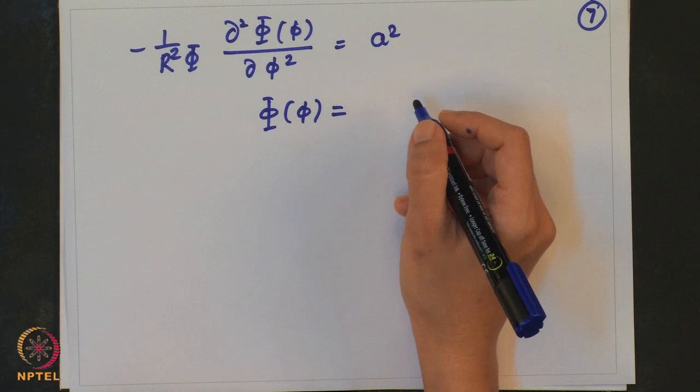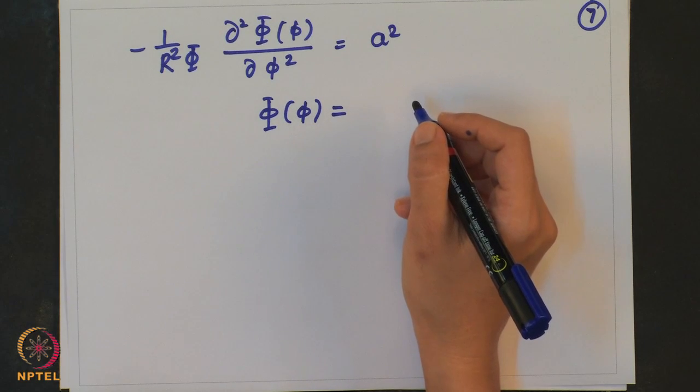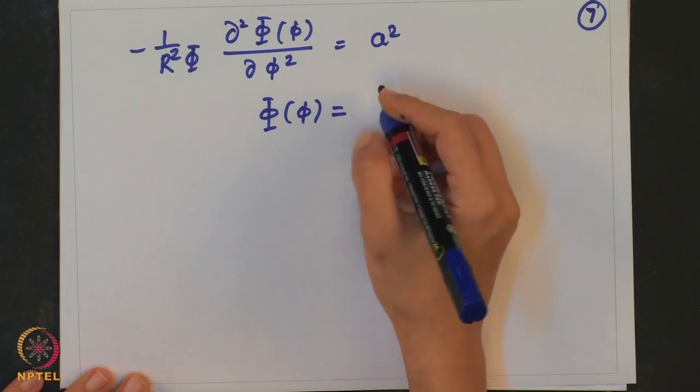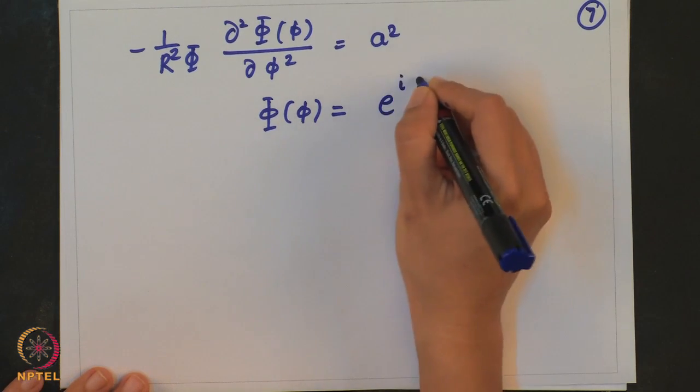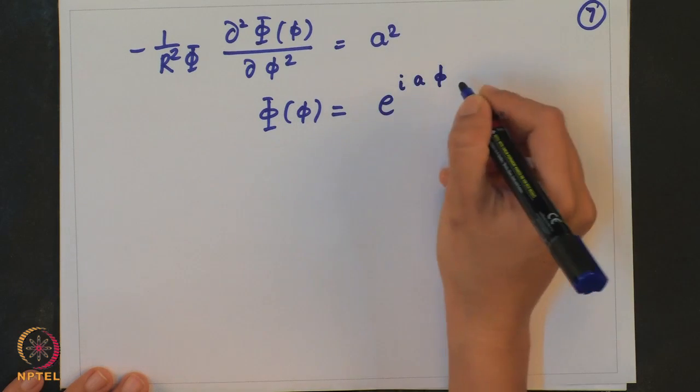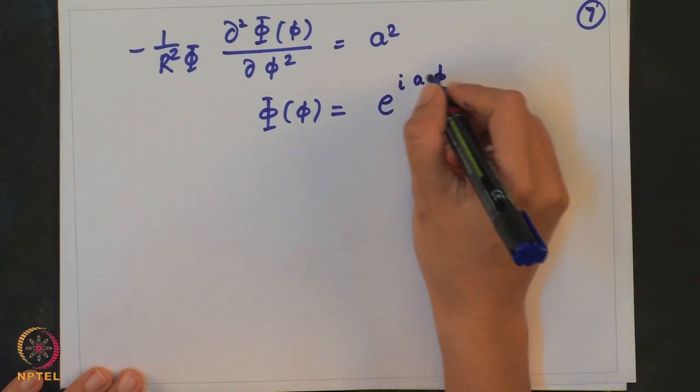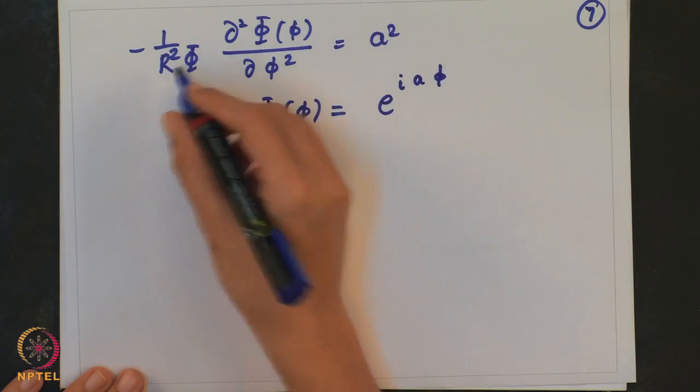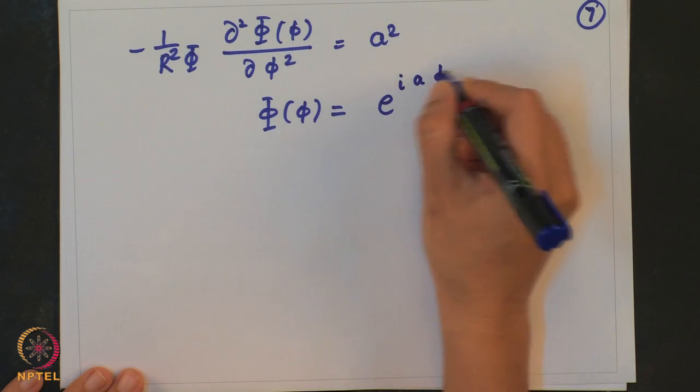So, now this can be written as psi is e raised to i A phi. And you have a factor of r which is coming from here, so you will have an r also.